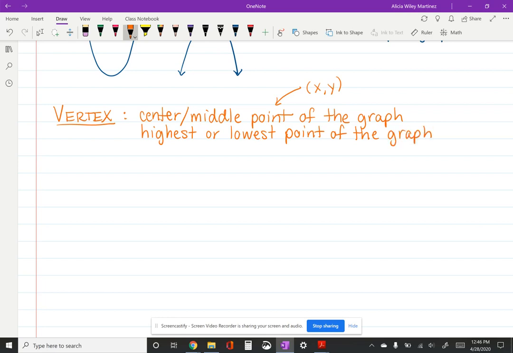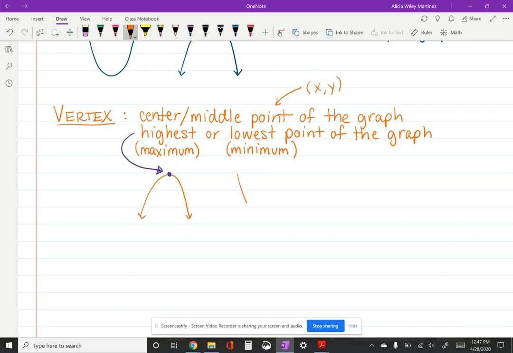Often instead of highest or lowest, they like to use the term maximum and minimum. Okay? So if you're looking at a picture of a parabola, if the parabola faces down, your vertex is going to be that center, most highest maximum point, right there.